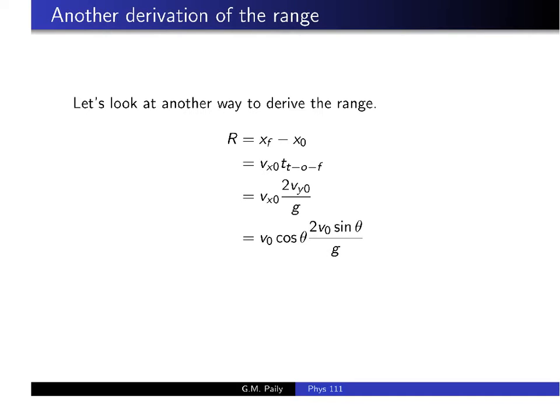This helps increase the time of flight, so the projectile is in the air longer, but it doesn't cover much distance horizontally because Vx0 is smaller. If we decrease our angle below 45 degrees, then it's moving faster in the x direction, but because the y component of the velocity is not very large, it doesn't stay in the air very long, and so again it can't cover much distance in the x direction. The best compromise between these is at 45 degrees.